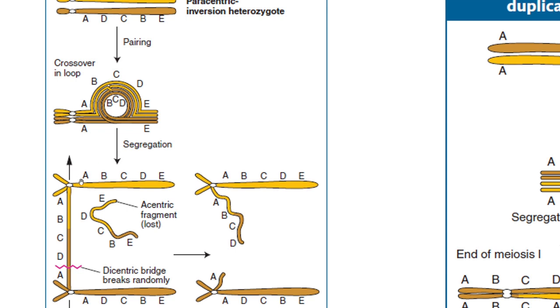As a result, this will be represented as the normal sequence A, B, C, D, E, and this as the inverted sequence A, D, C, B, and E. The outermost light brown and the inner inverted one have not been involved in crossing over. As a result, their sequences are the same.